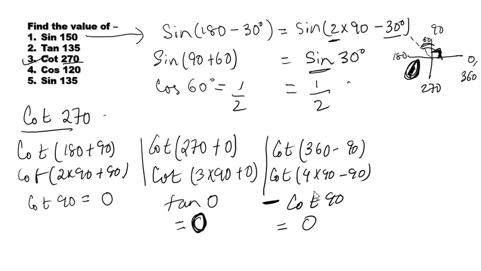So what you need to do, always put the nearest multiple of 90, that is 90, 180, 270.